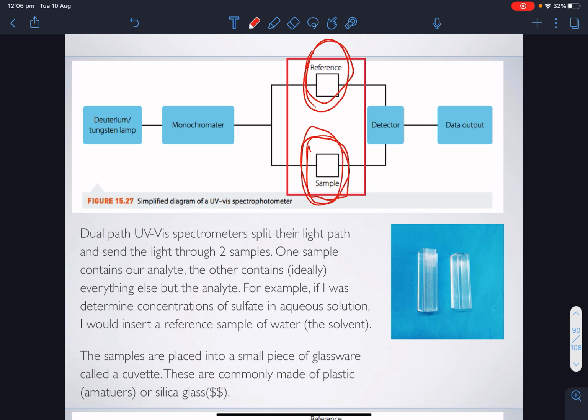Okay. All right. So the cuvette I talked about earlier. Commonly made of plastic for us, and usually at university too. More expensive ones are made of silica glass. Very expensive. I remember using those a few times, and I think it was like $500 for one of them.